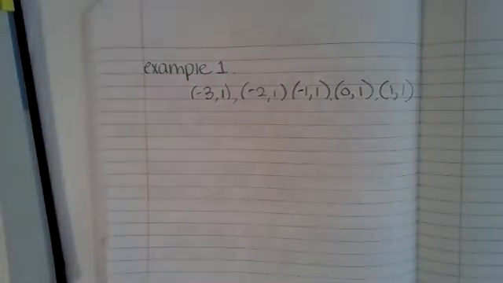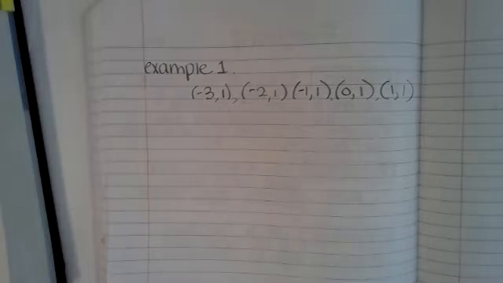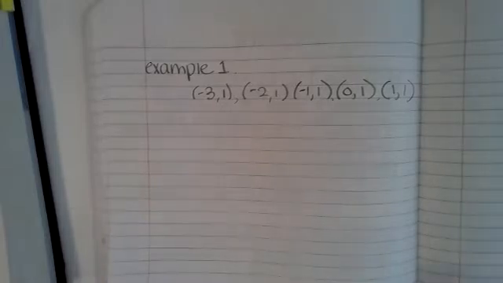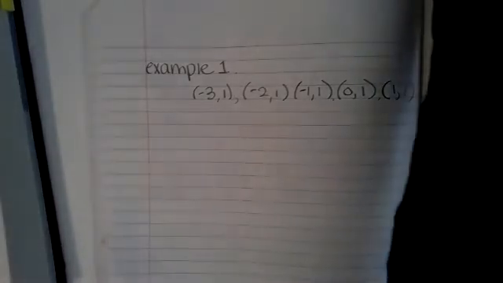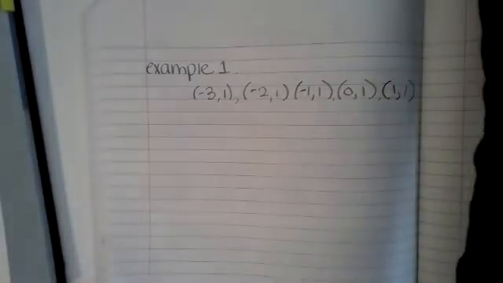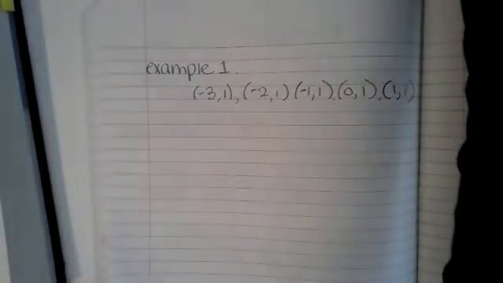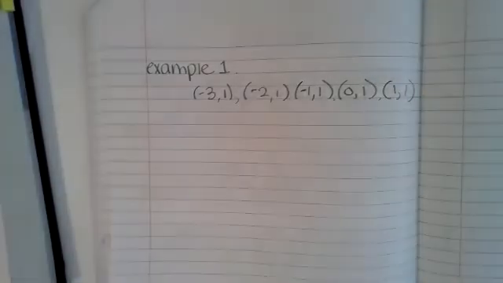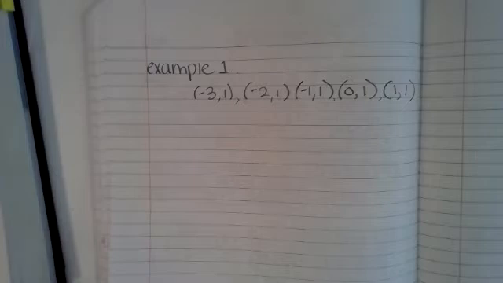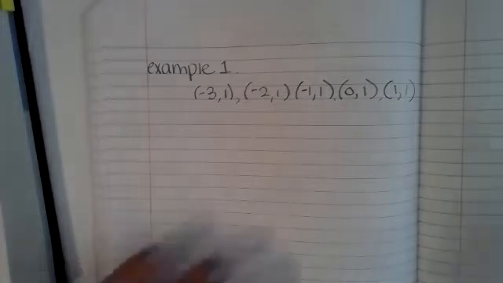So when I have a list of ordered pairs like this, one of the easiest ways to determine if it is a function or not a function is by creating another sort of diagram or organizational table to figure out how many outputs each input goes with.